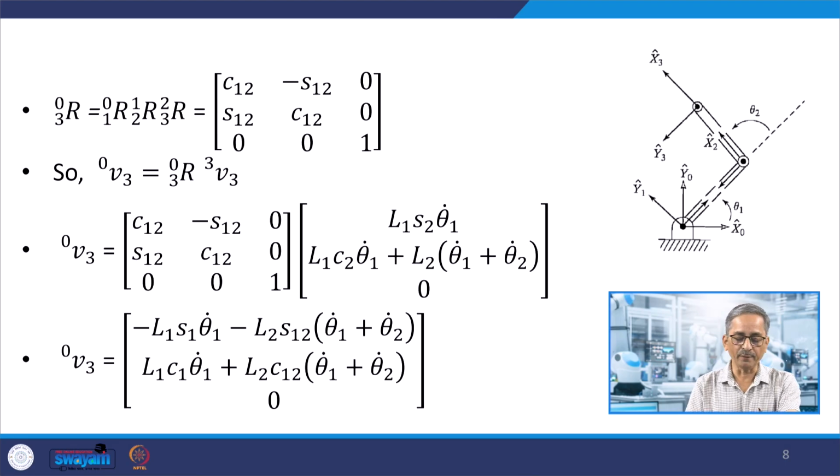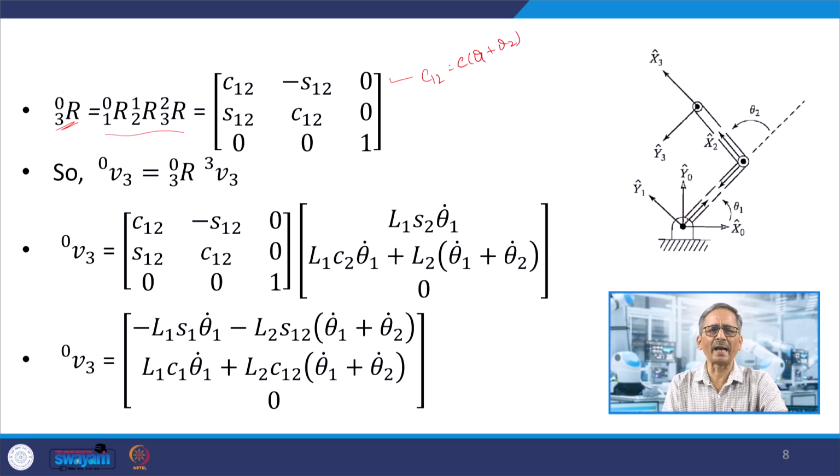Okay. Then if I have to find out, say, the rotation matrix for expressing the orientation of frame 3 with respect to frame 0, I can do this multiplication of the rotation matrices 3 to 2, 2 to 1 and 1 to 0, and this one will be simply of this form, where this C12 means actually cos(theta 1 plus theta 2).